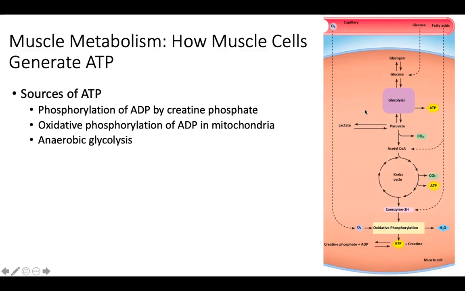So just looking at the schematic here on the right, all the way down here at the final steps of cellular respiration, we have all of our electrons being shuttled off into the mitochondria, playing their role in the electron transport chain, and 32 to 34 of our 38 ATP are generated here via oxidative phosphorylation. So that's going to be more of a sustainable mechanism for ATP generation for muscle contraction.